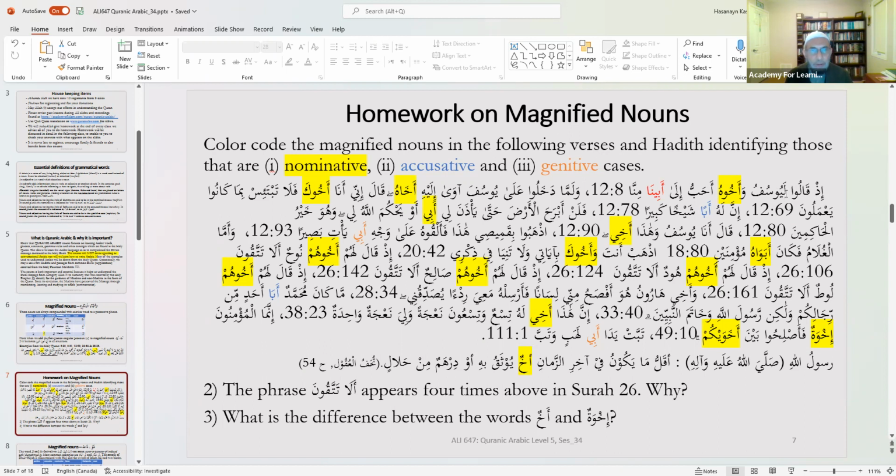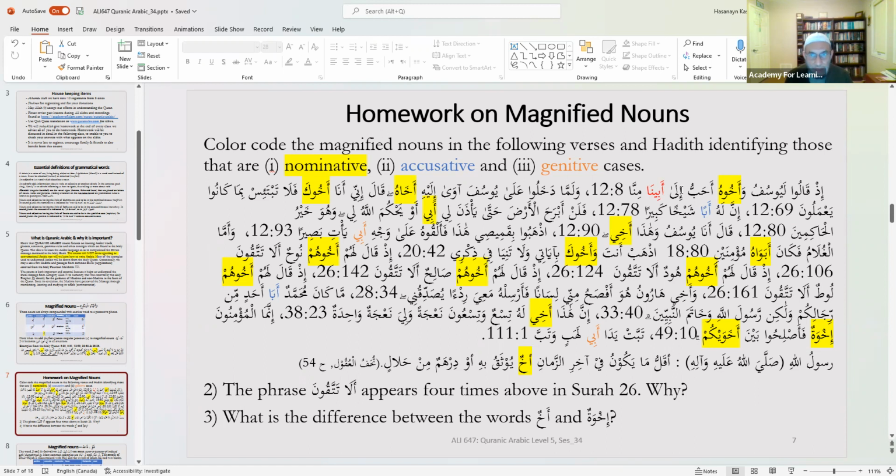But no, this is lam of ta'kid, of emphasis. So la Yusufu, they said, the brothers said, la Yusufu wa akhuhu, indeed Yusuf and his brother. This akhu is nominative because Yusuf also is nominative. Ahabbu ila abina.